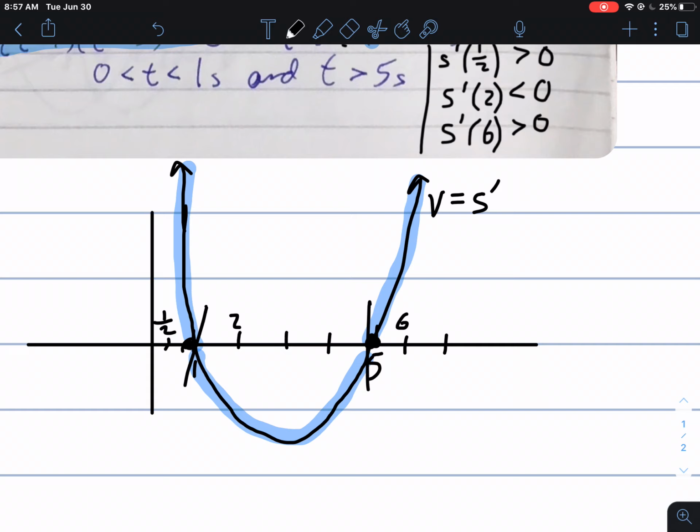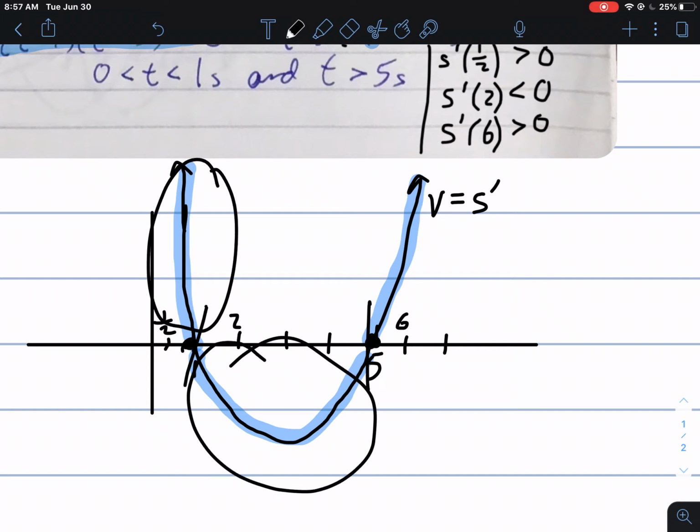Now, this also relies upon continuity. We talked a lot about continuity. Provided that the function or the graph is continuous, then the only way that this graph could change sign, in other words, the only way that the graph could go from being positive to being negative is if it passes through an x-intercept.